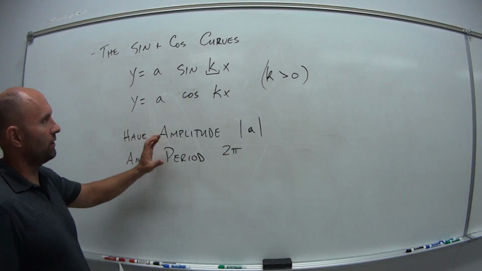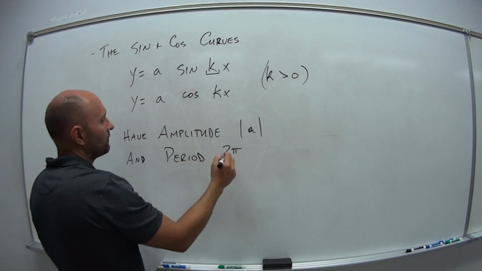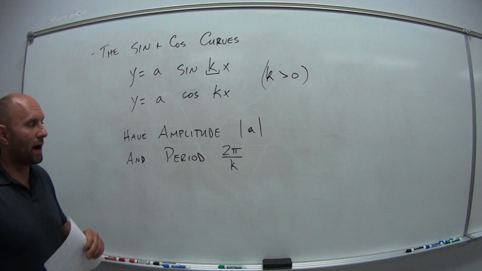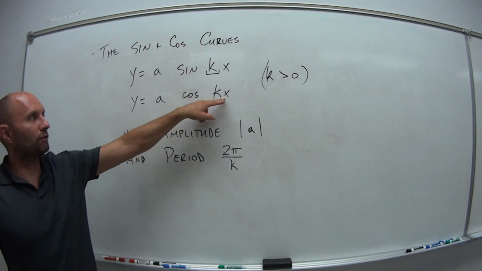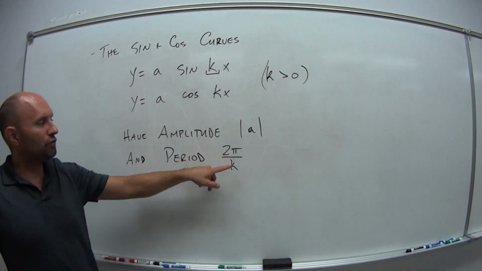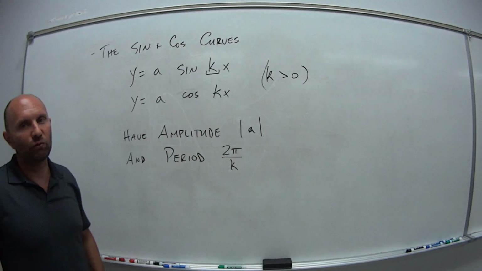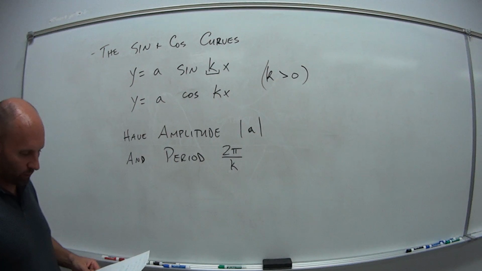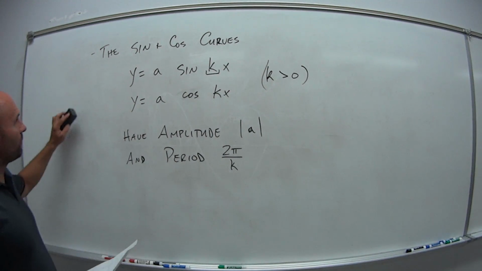If you remember, period of sine and cosine is 2 pi. But if we put some number in front of here, the period now changes by 2 pi over k. So if I had a 2 in here, if I had cosine of 2x, then it would be 2 pi over 2, or just plain pi. So it's actually shortening down how quick this thing makes a complete cycle. All right, let's look at a couple examples.